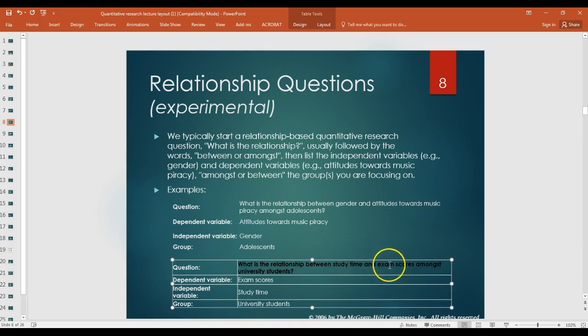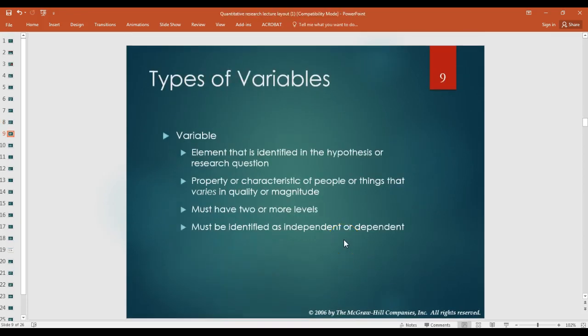Now, which one do I want to look at how it's affected, or how it's influenced? It's the exam scores. So the more I study, the higher the scores are, for example. So whatever you push is independent, and whatever you see the results on is the dependent. I think it makes sense now, I hope. So the variables are these two elements in your research questions.